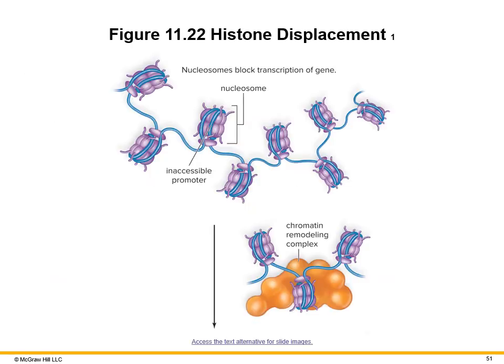So here we see the nucleosomes, which is just the DNA in blue wrapped around those purple proteins called histones. And when the nucleosomes group together, we call that a chromatin.